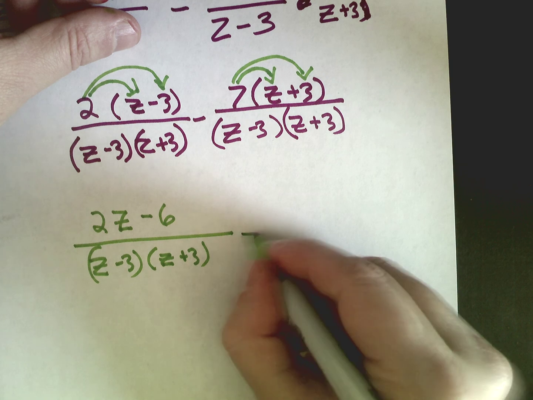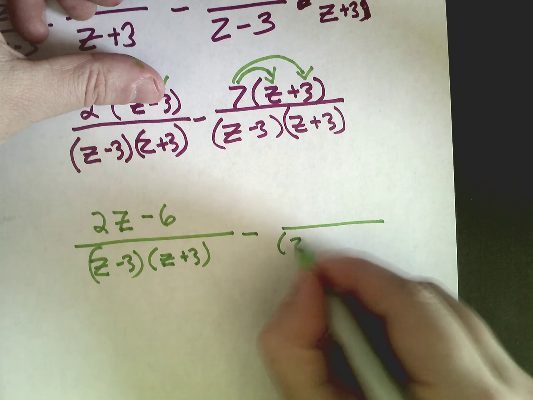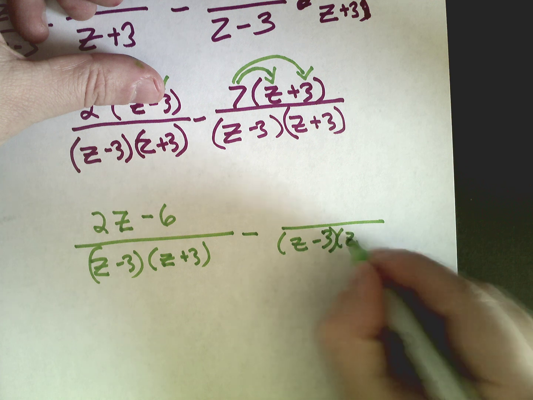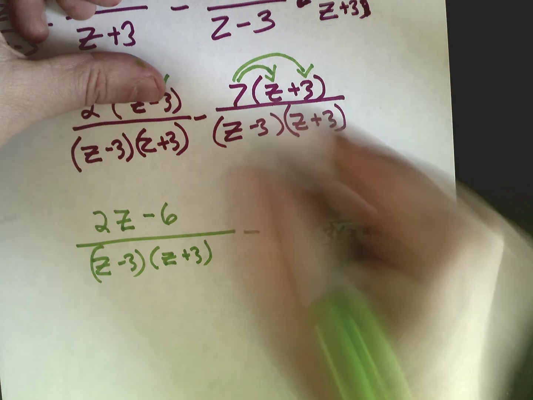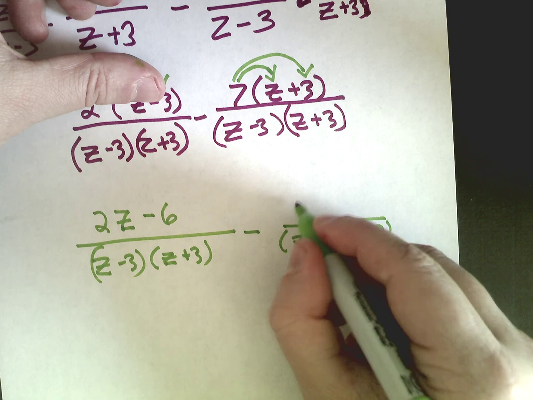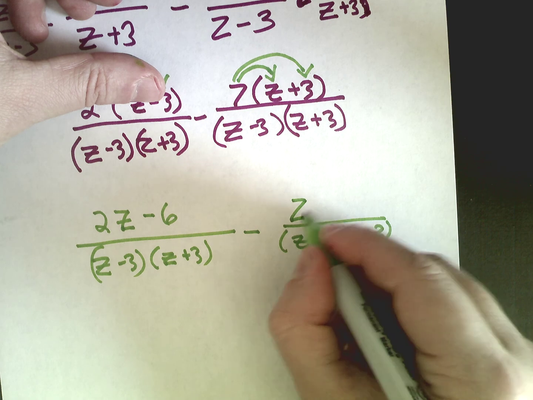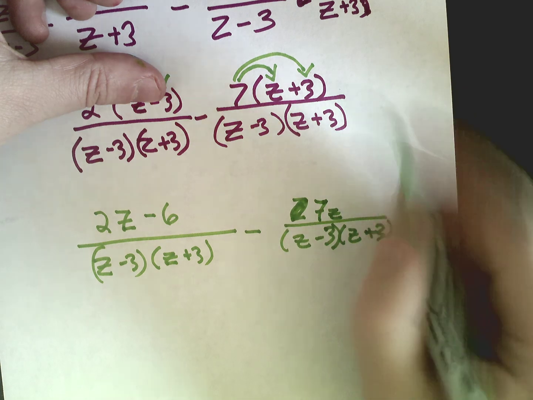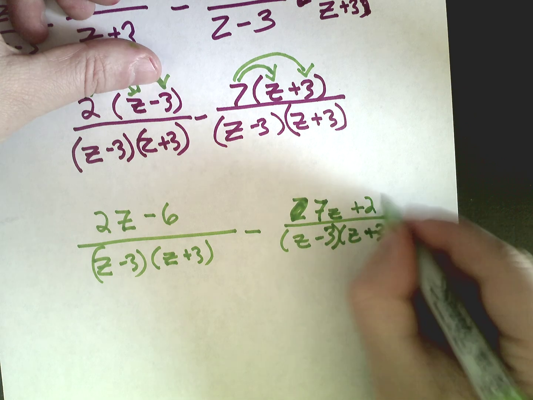Minus, keeping the denominators the same, 7 times z is 7z, not z7, 7z. 7 times 3 is 21.